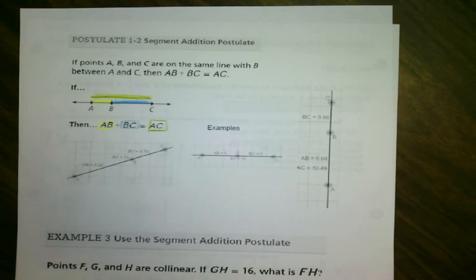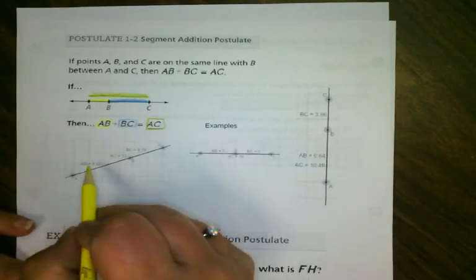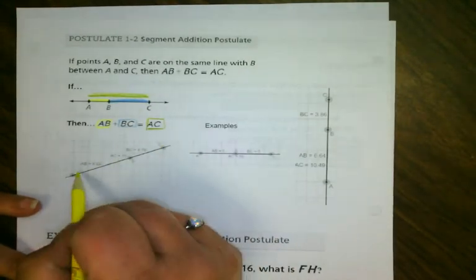That'd be like asking, what's the final score of the basketball game? Oh, I don't know. At halftime, it was 27. That's not the final score, though, right? You've got to add the two halves together to get the final score. So, same thing here. I'm going to model that. You've got A, B, and C on this line.